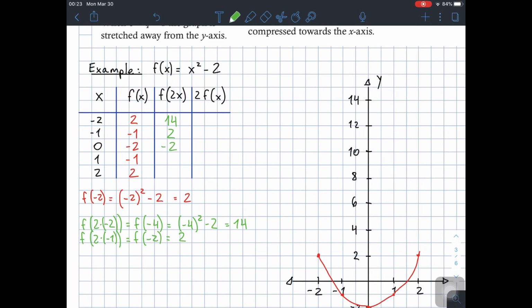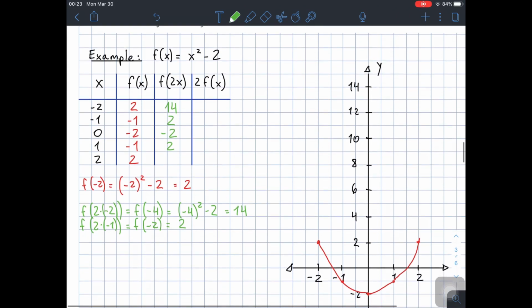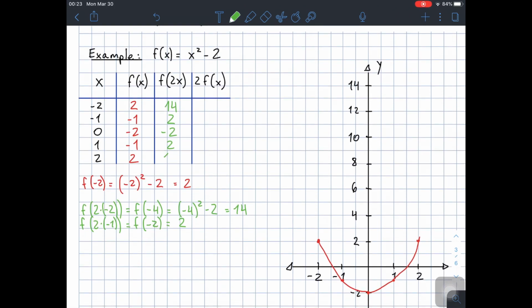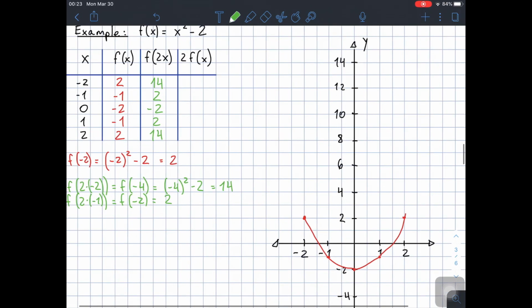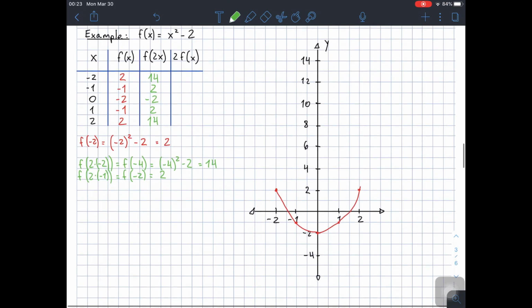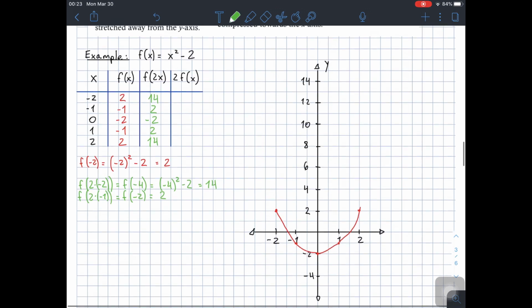So this would be negative 2. For 1 positive, this would be 2 because we know it's a parabola. And for 2, this would be 2 squared, 14 again, right?